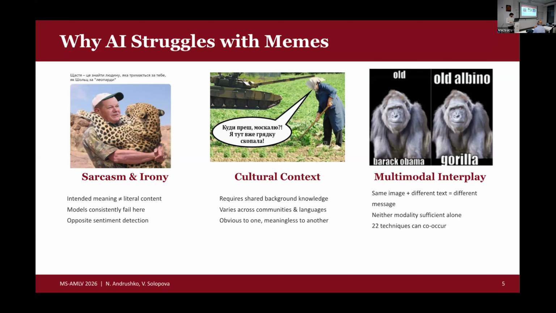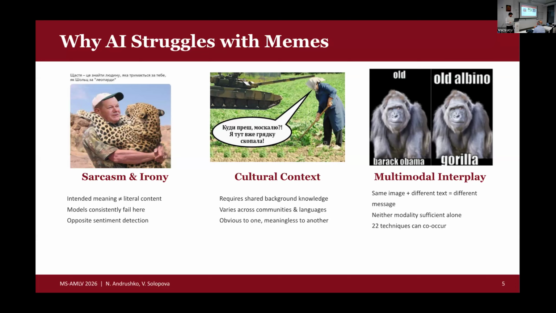Then we move to cultural context. A meme that is obvious to one group might be meaningless to another. We need shared background knowledge that varies across communities, languages, and timelines. If we imagine a meme about a recent event, current models will unlikely detect it properly because they might not know what it is about.